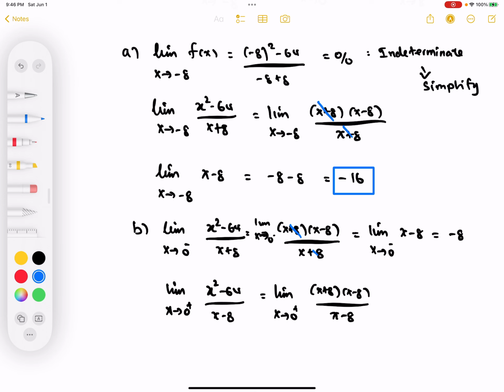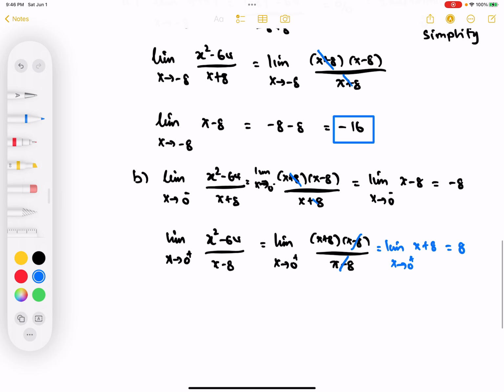So you can see that this cancels out, and the simplified form becomes the limit as x approaches 0 from the right side of x plus 8, which is 8. Now the left side is different from the right side, therefore the limit as x approaches 0 of f of x does not exist.